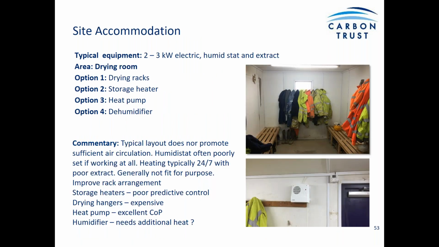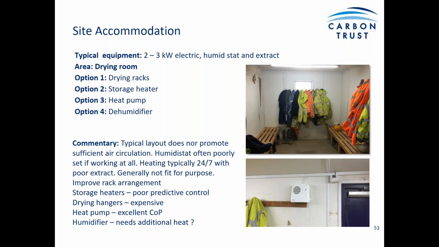Looking at then the options for the drying rooms, you'll remember that this is typically the largest energy consumer on the site. We looked at a variety of options. The typical equipment that you would have at the minute would be maybe a 2 to 3 kilowatt electric fan heater with a humidistat and an extract.